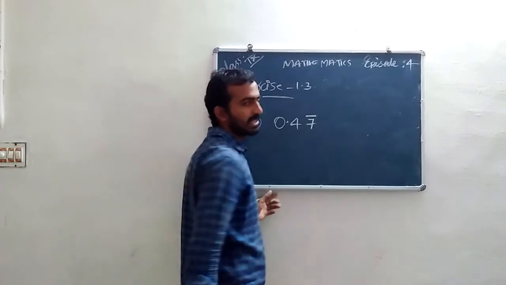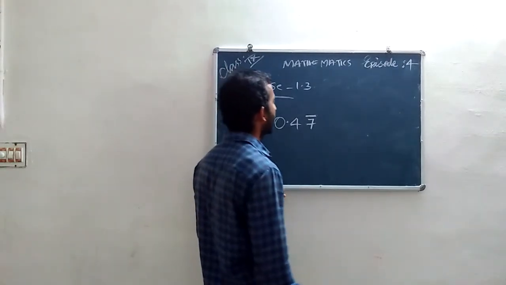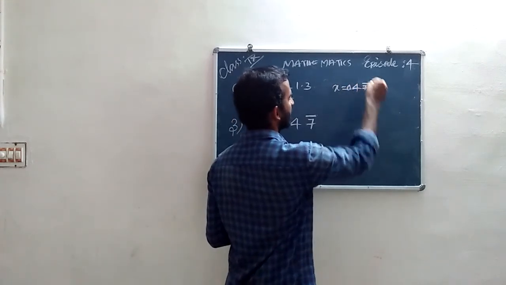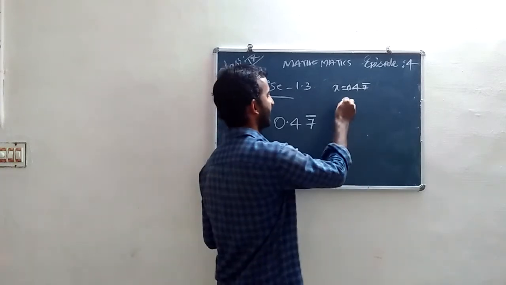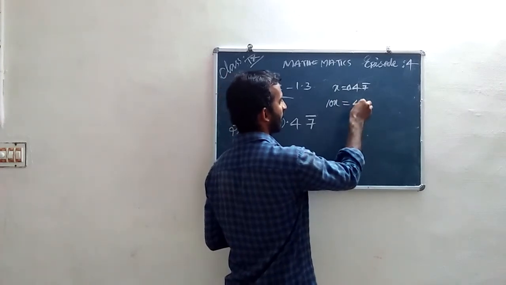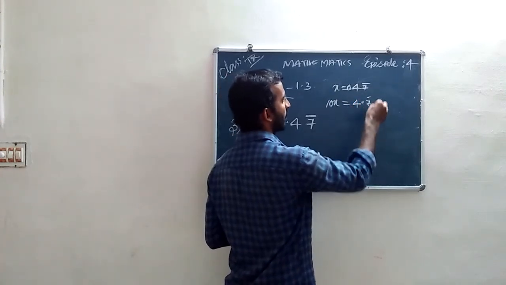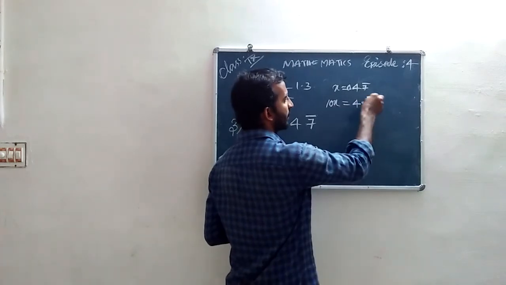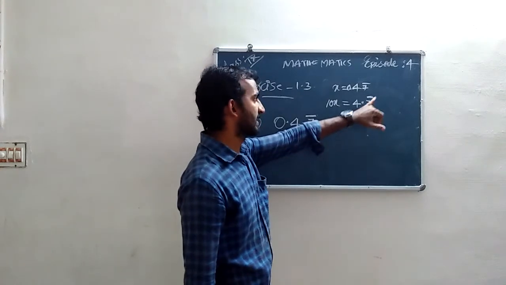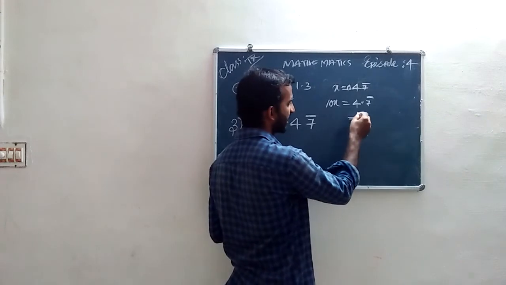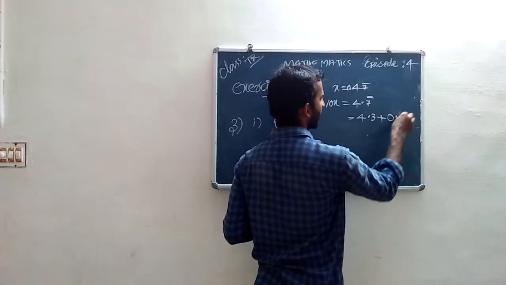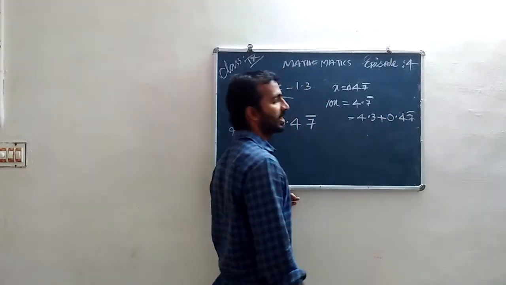0.47 bar, only 7 repeats. We can write x equal to 0.47 bar, and we get 10x equal to 4.7 bar. Here 7 is repeating. That is, we can write 4.3 plus 0.4 bar. Is it right?